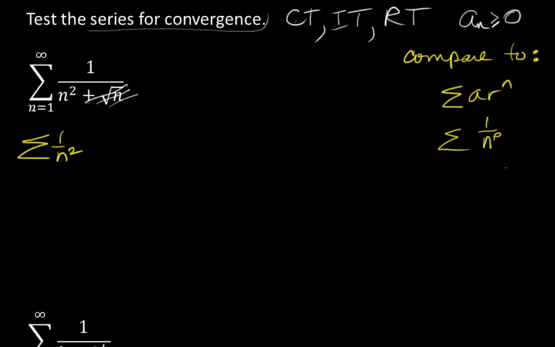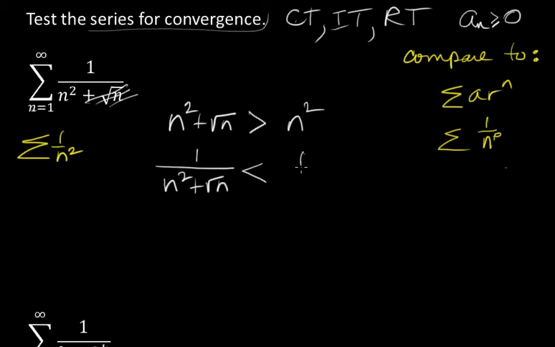But we need the right inequality to be able to conclude that this one converges. So start with the denominator. N squared plus the square root of n is certainly bigger than n squared. They're positive, so the reciprocals, 1 over n squared plus the square root of n, is less than 1 over n squared. And there we have it.